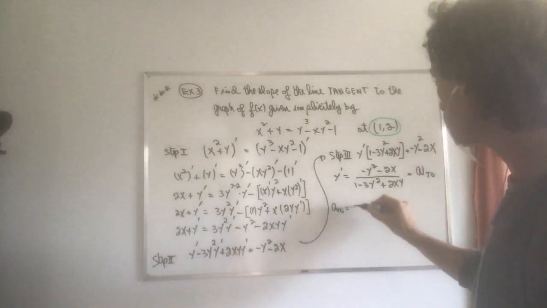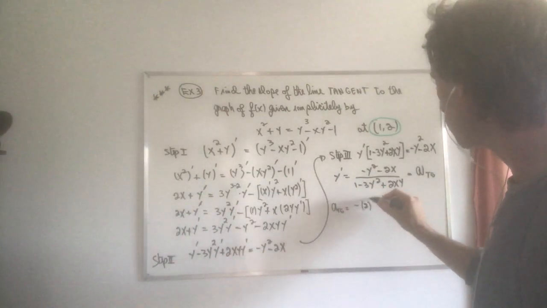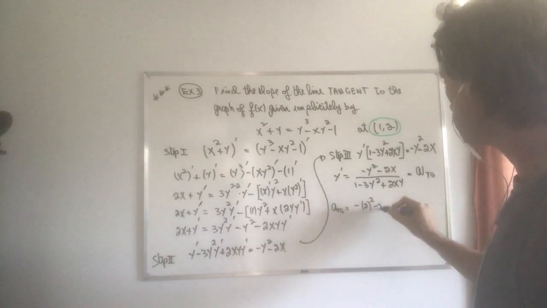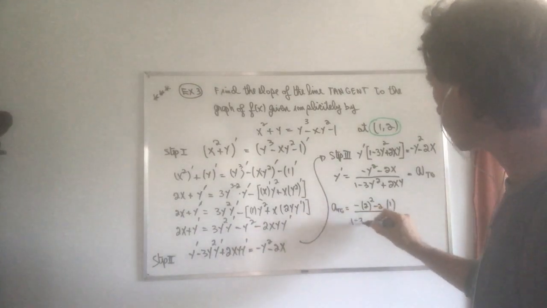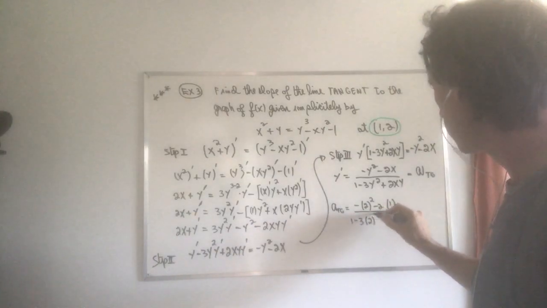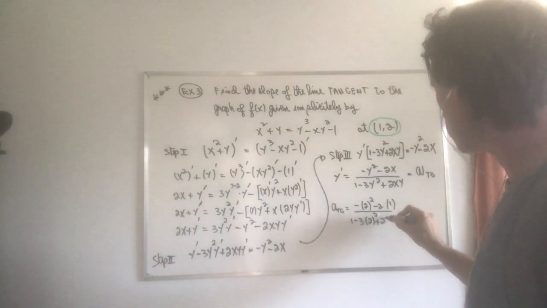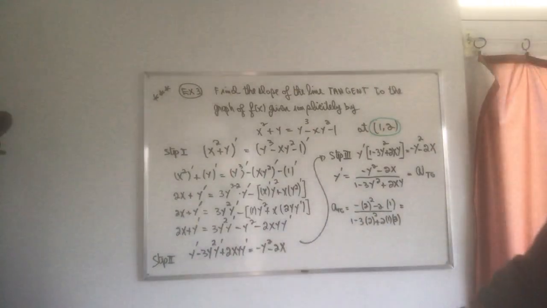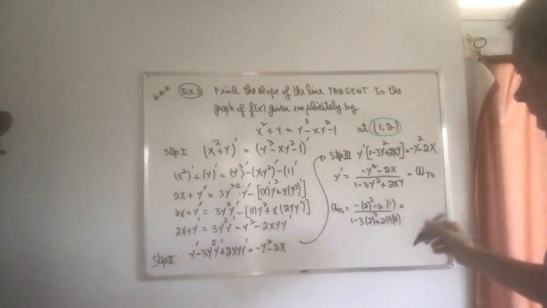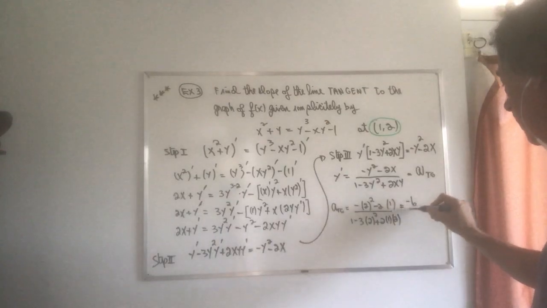So here both the x and the y will have to go in. So minus y squared minus 2 times x, over 1 minus 3 times 2 squared plus 2 times 1 times 2. What is that? I guess the top is minus 6.